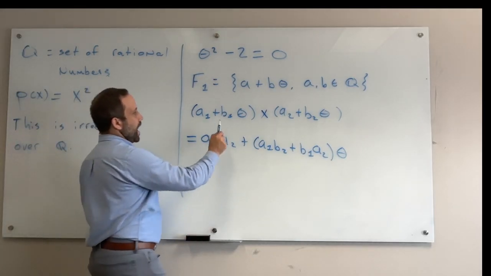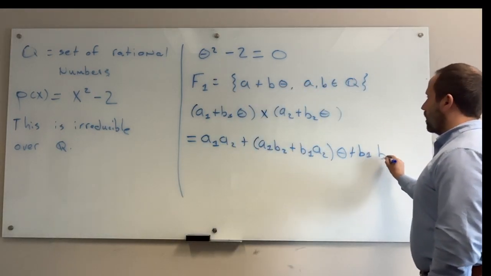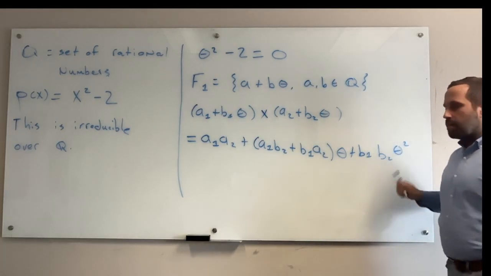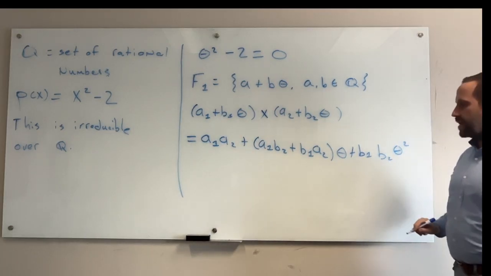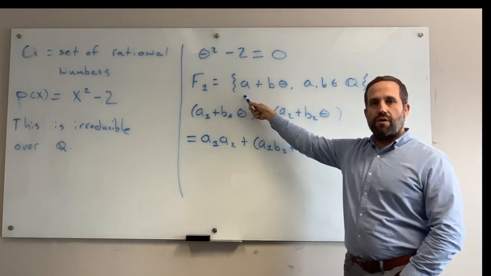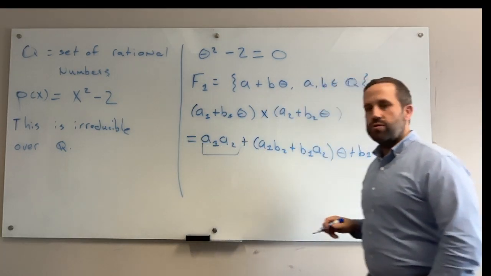And then finally we have B1 B2 theta squared. My contention is that this is in that set. Why is it in that set? What do you have to do to be in this set? You have to be equal to a rational number plus B times theta. Well, A1 times A2, that's rational.